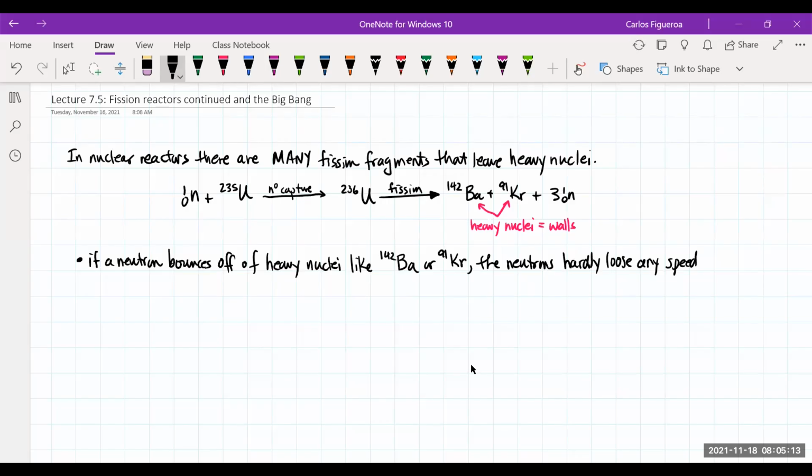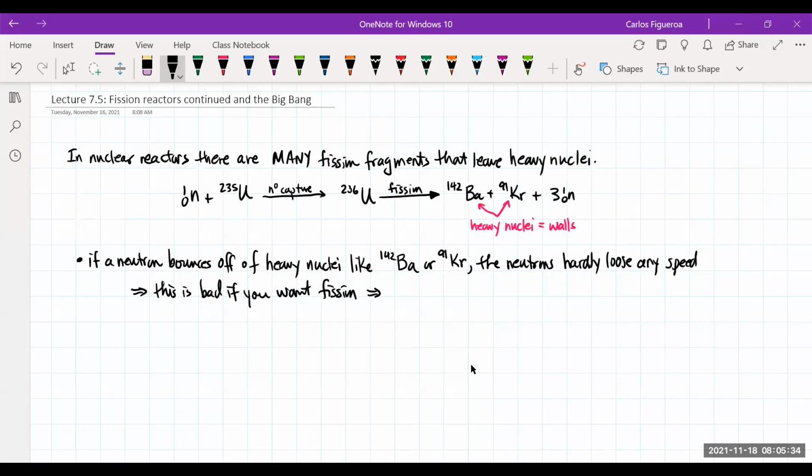But that's bad. And the reason why that's bad here is that they're too fast to be thermal neutrons. So this is bad if you want fission.